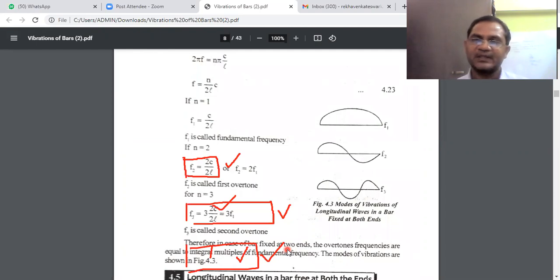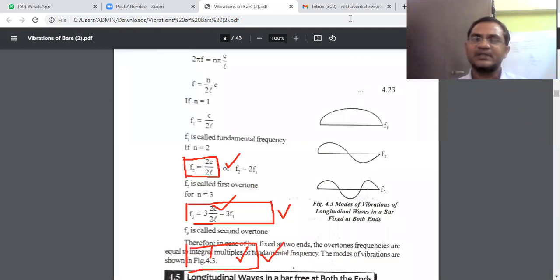The frequencies of the harmonics existing in the vibrating bar clamped at both ends are integral multiples of the fundamental frequency, or we can say the ratio of the fundamental frequency and the overtones will be 1 is to 2 is to 3 is to 4 and so on.